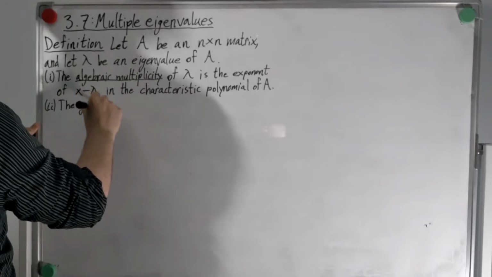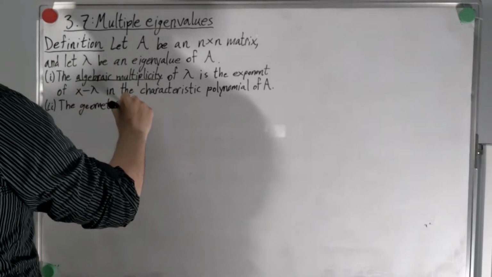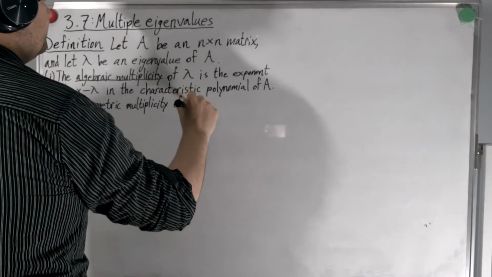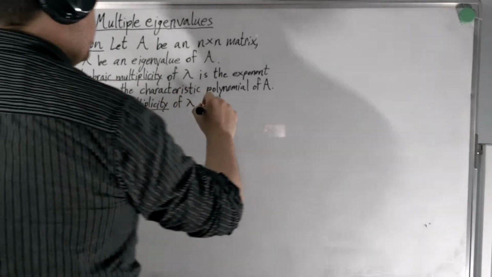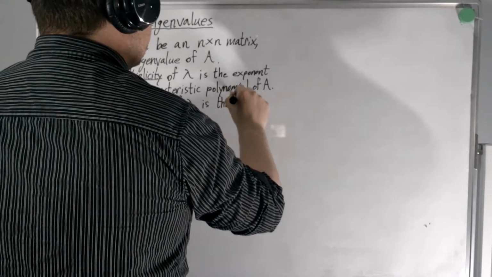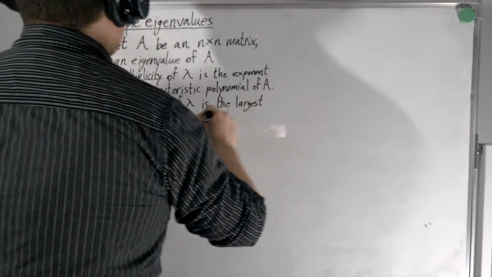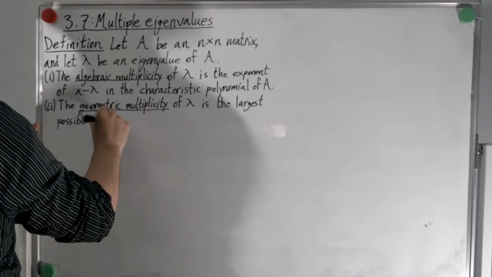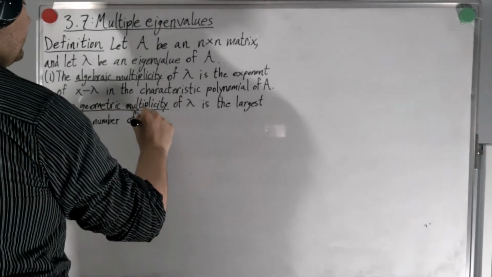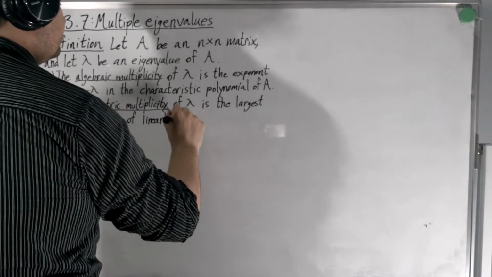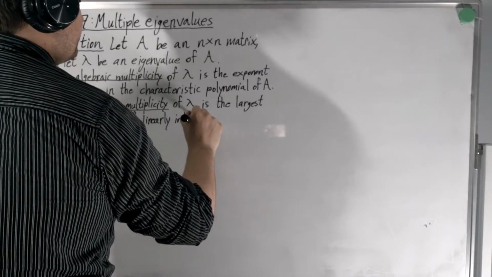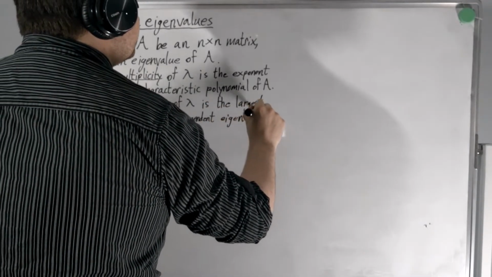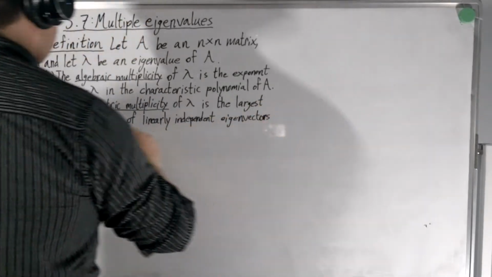The geometric multiplicity of lambda is the largest possible number of linearly independent eigenvectors of lambda.